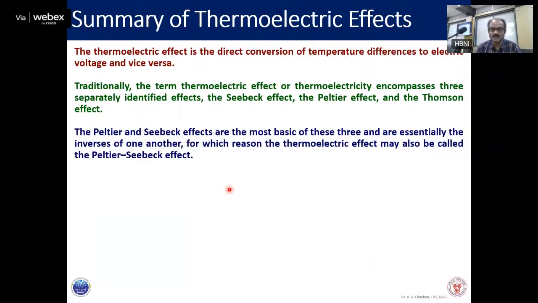These are the Seebeck effect: if you have a temperature difference, an EMF is generated. The Peltier effect: if you apply a potential difference, a temperature difference will be created. And the Thomson effect: if you have a temperature gradient and pass an electrical current, heat will be either evolved or absorbed. So always remember these three effects.